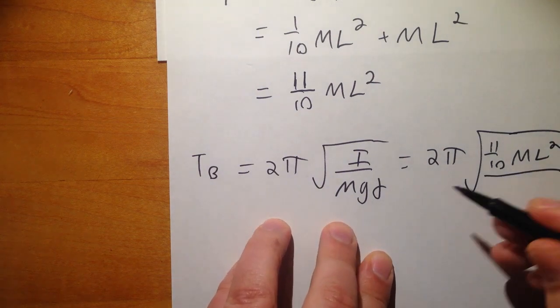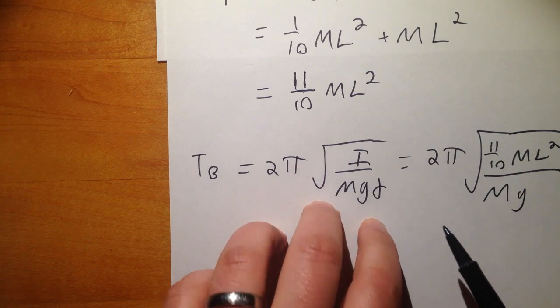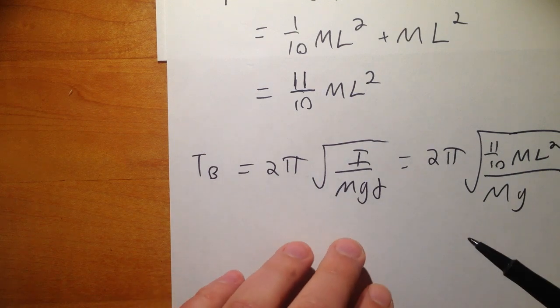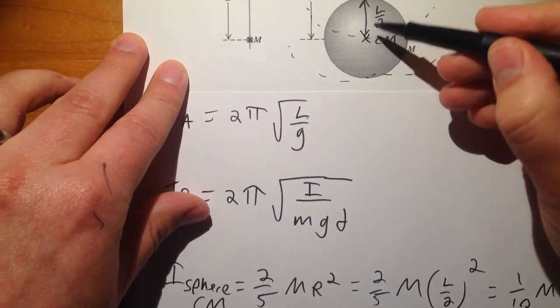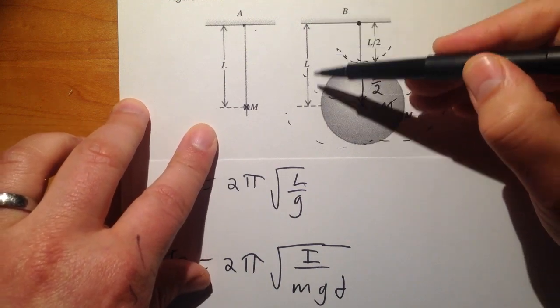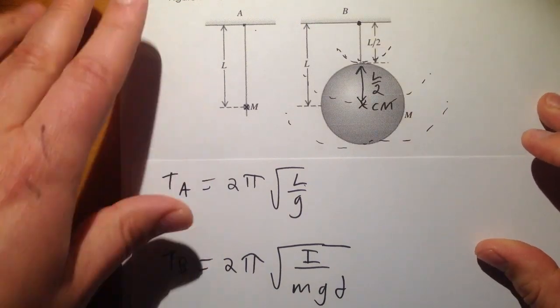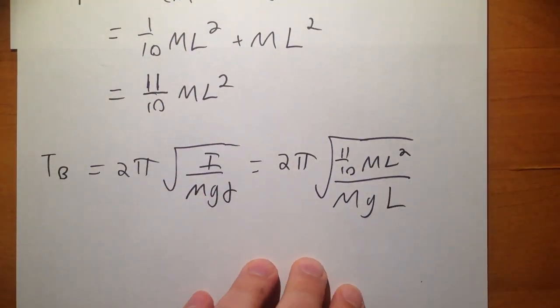Okay, and in the denominator I have m, I have g, and again d here is the distance between the center of mass and the point we're oscillating about. And so that distance is, again, for this pendulum, what they told us was L. Okay, so I have just mgL in my denominator here.